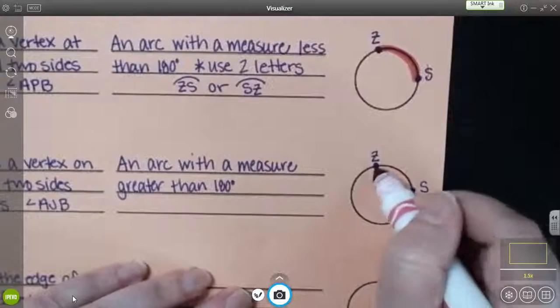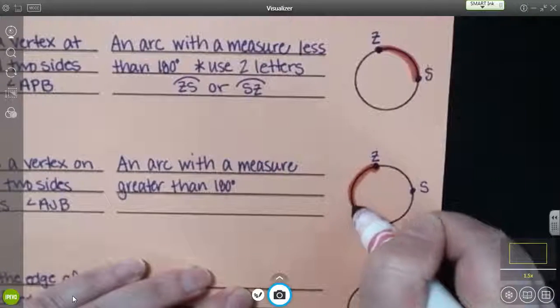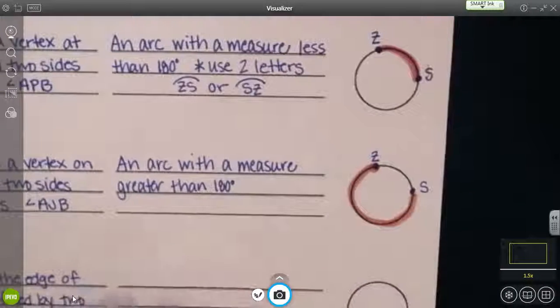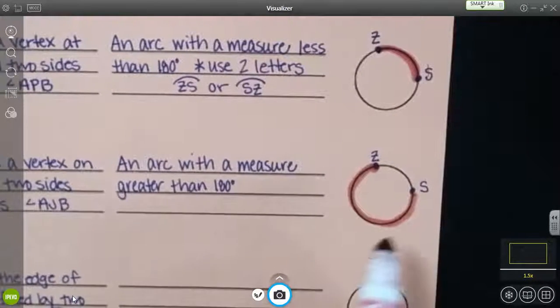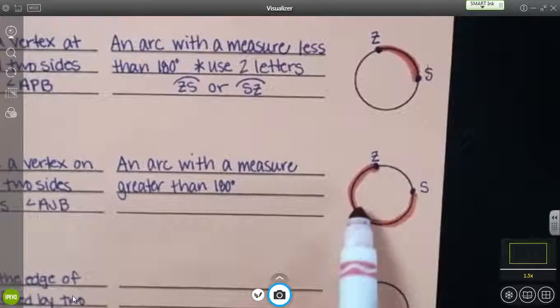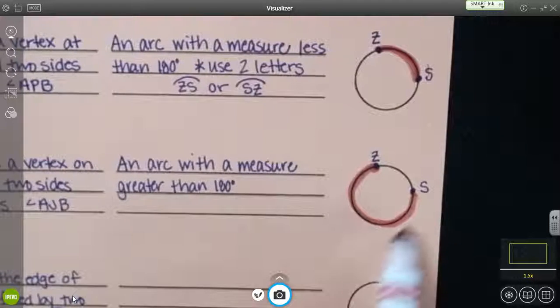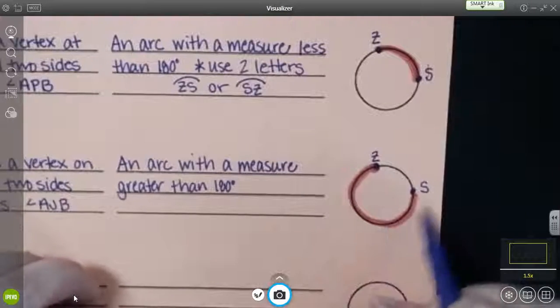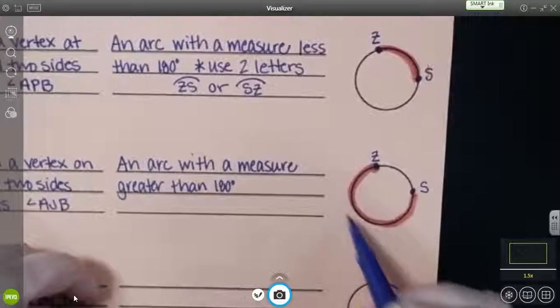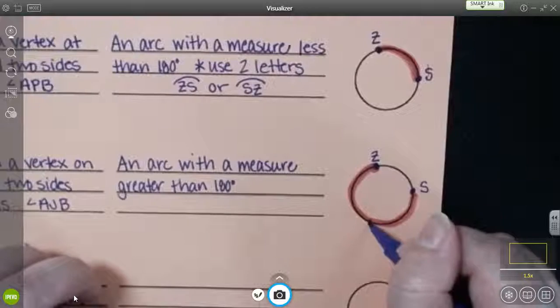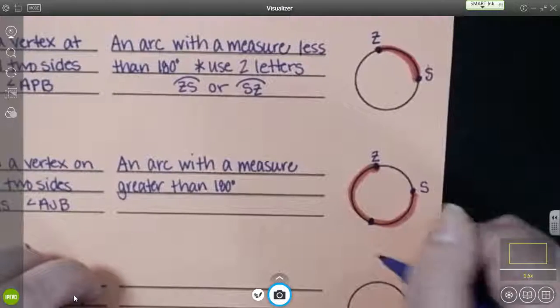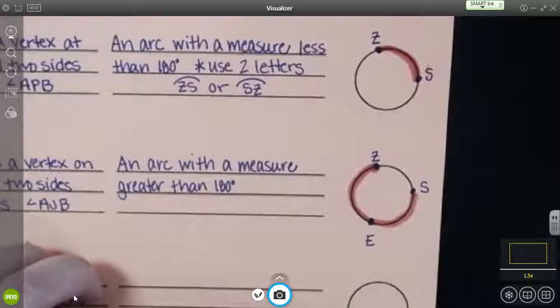We're going to go counterclockwise. Okay. So the question is, how do we know if I want the smaller portion or the bigger portion? Okay, we need a way to denote the difference between the two. So with a major arc, what we're going to do is somewhere on that arc, we're going to have another point on there. We'll just call this point E.